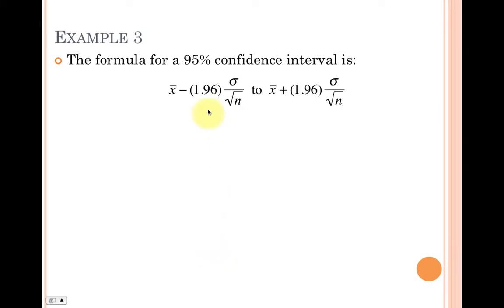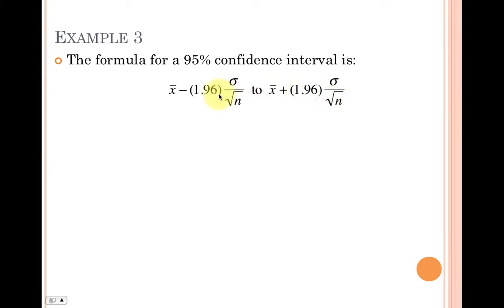And you have to know that the z-scores are negative 1.96 and positive 1.96. So the range goes from x bar minus 1.96 times sigma divided by the square root of n to x bar plus 1.96 times sigma divided by the square root of n.